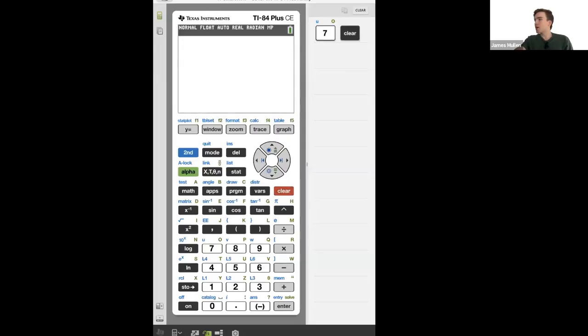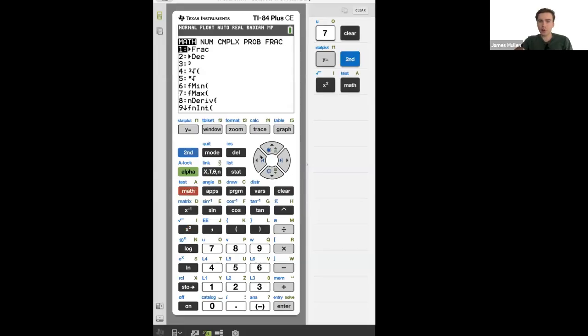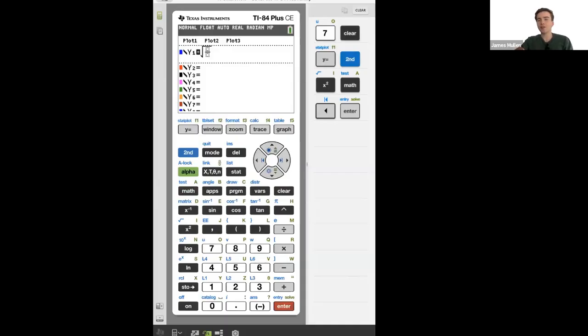Okay, so I have the function x to the 7 plus 6x divided by 5x times x plus 1. I'm going to go to my Y= to enter the function, and I'm going to start by putting in a square root. I prefer to go to math and frac and put in a full-size fraction. It stops me from making the silly error of multiplying instead of dividing, because it means you have fewer brackets to take care of.